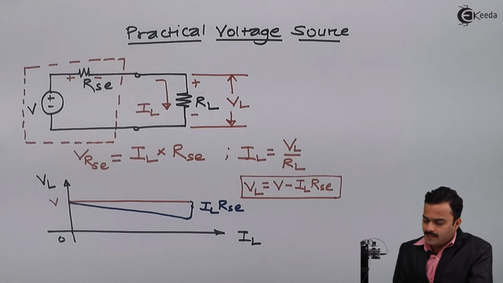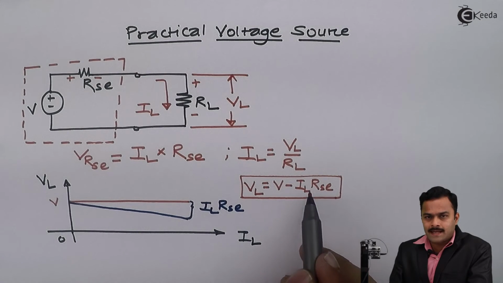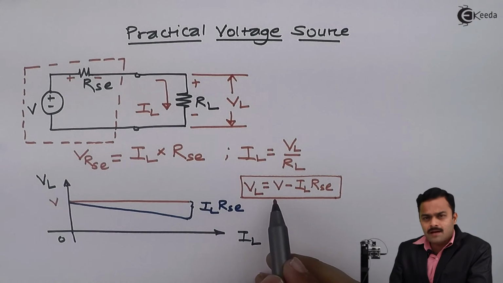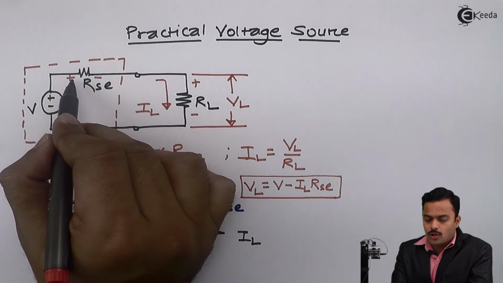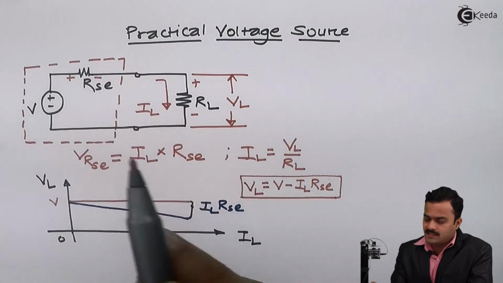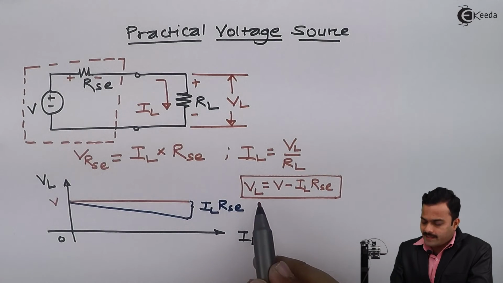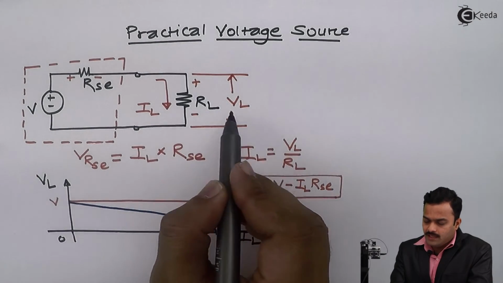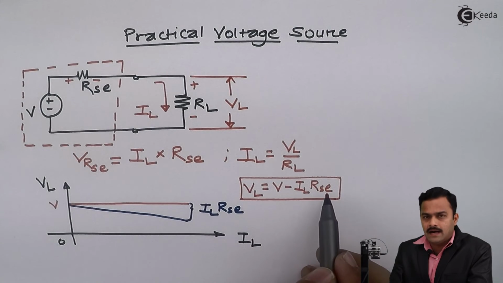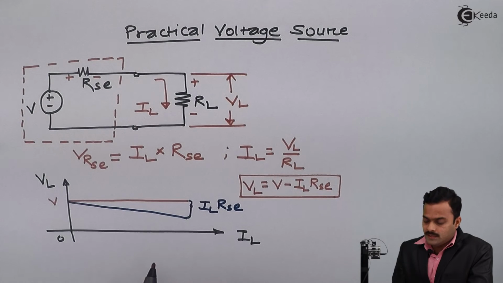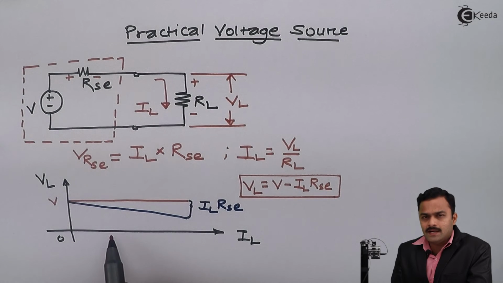So depending upon the value of this RSC and IL, some voltage will be dropped across this series resistor. Because of that, I cannot say VL will be the same as V, but it will be V minus IL RSC.